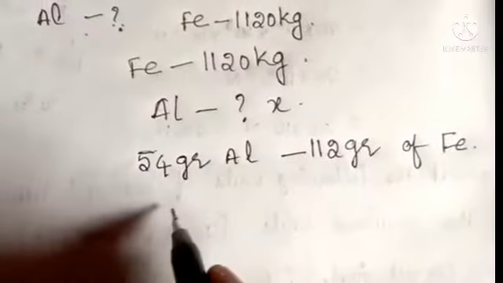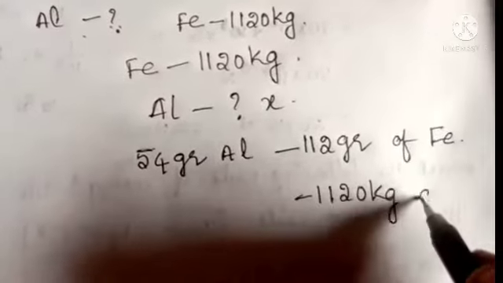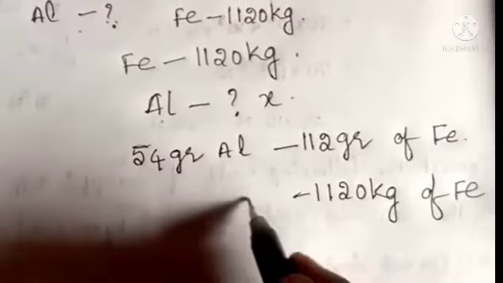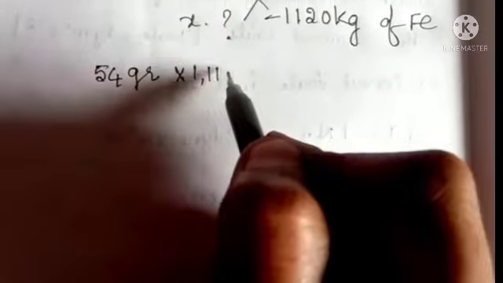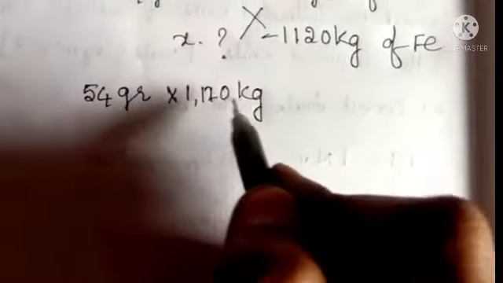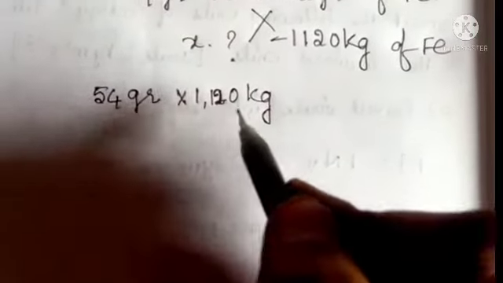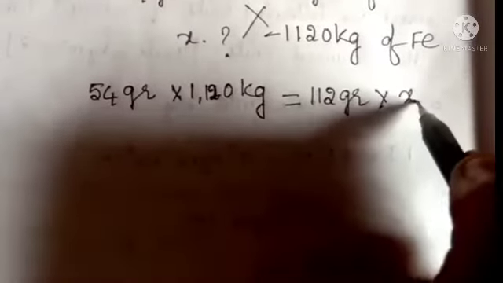Then for 1120 kg of ferrous, aluminium is X. Do the cross multiplication. 54 grams into 1120 kg equals 112 grams into X kg.